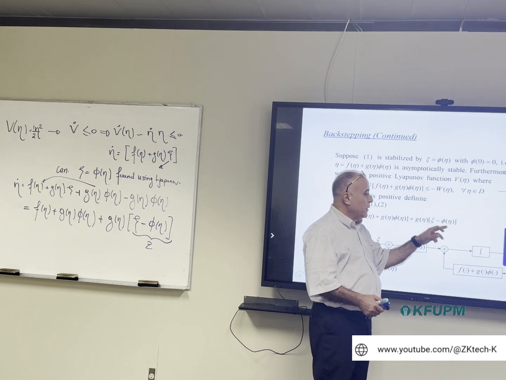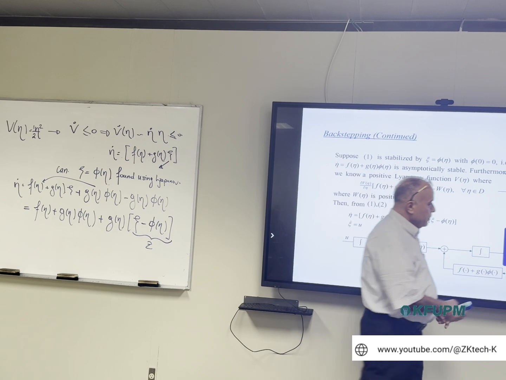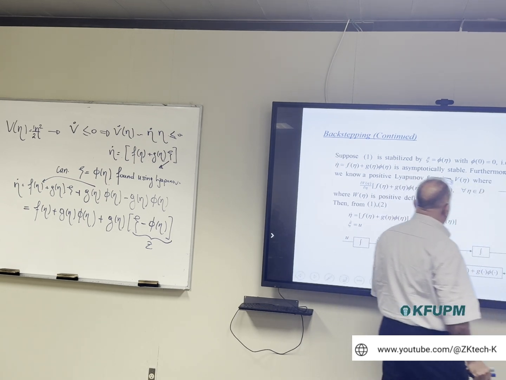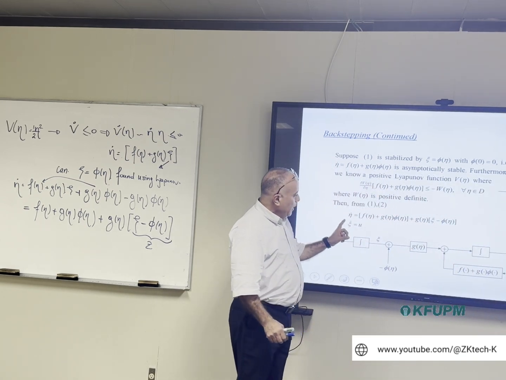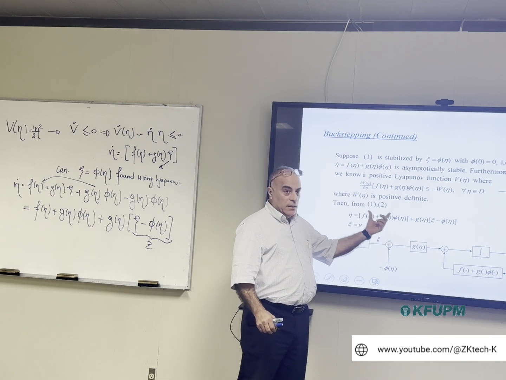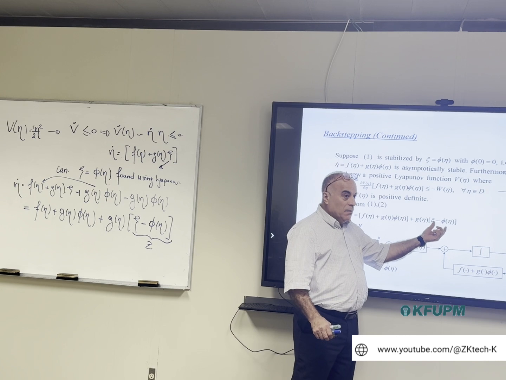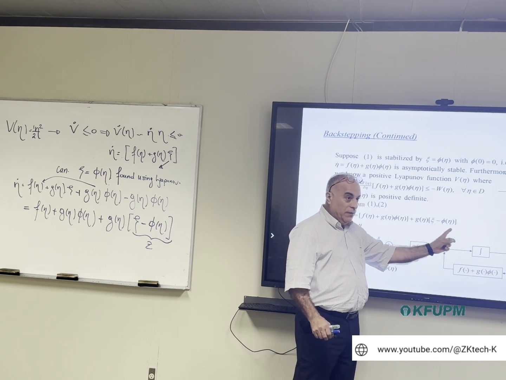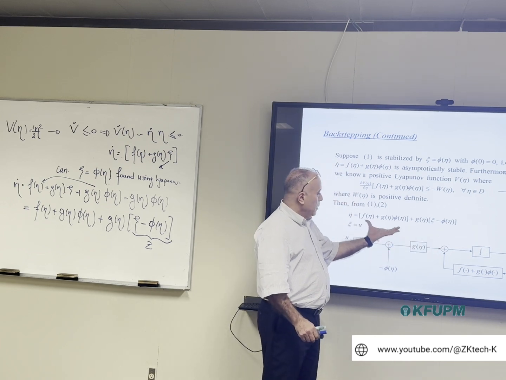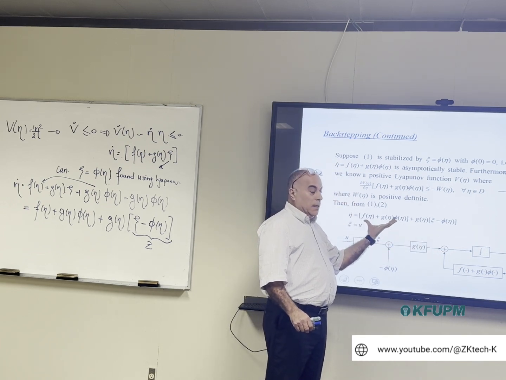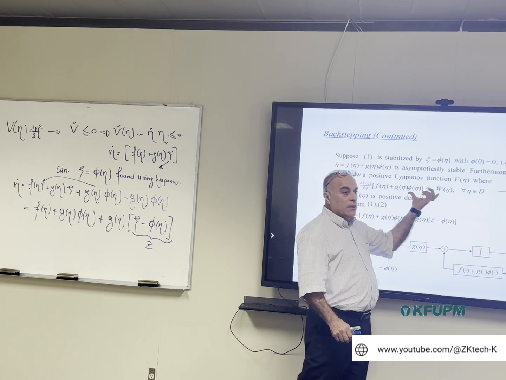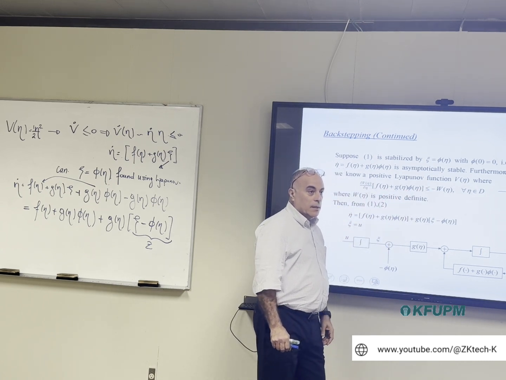This is positive definite. So from here, I re-manipulated the system such that now I have zeta minus the function that makes my system stable. So if zeta is exactly equal to phi of eta, the system will be equal only to this, and based on my Lyapunov, the system is stable, right?